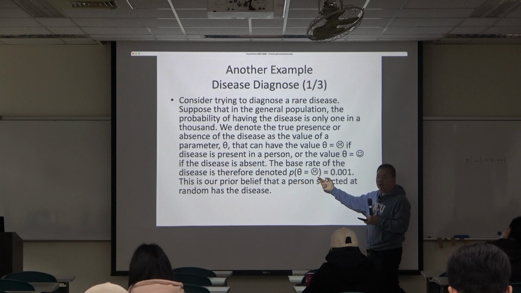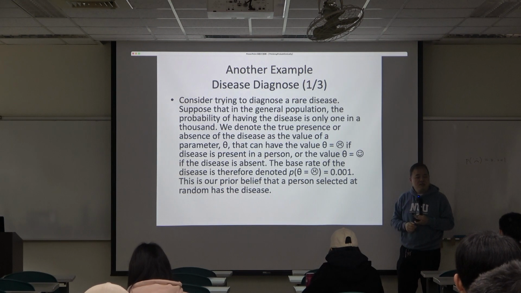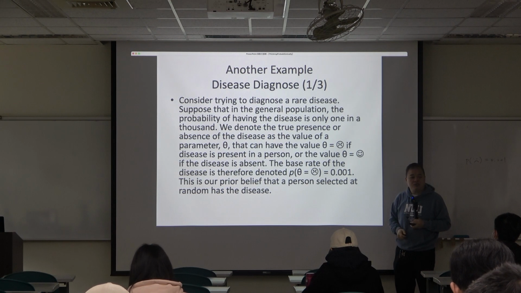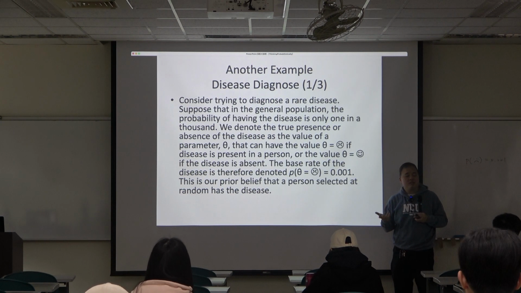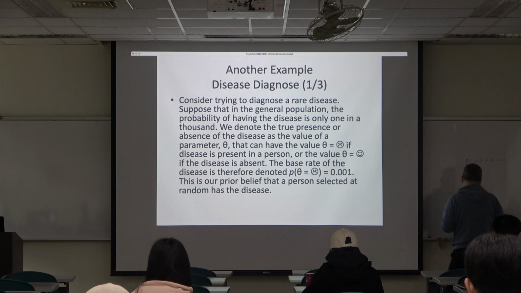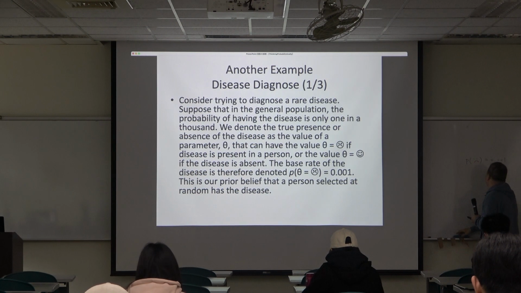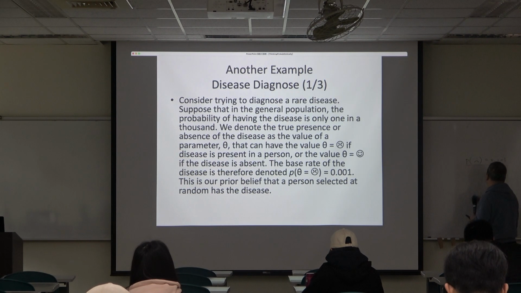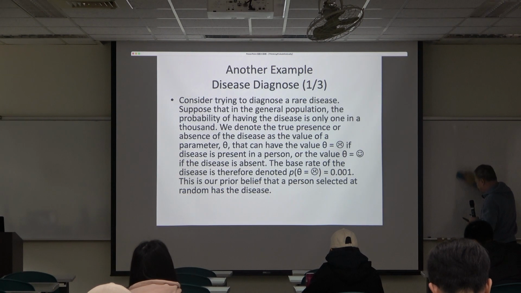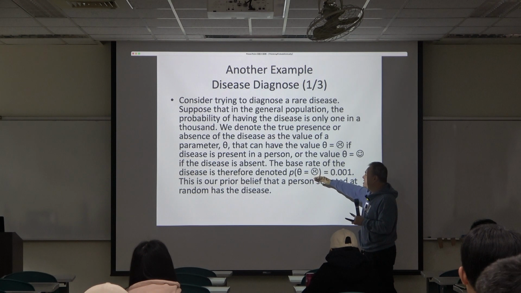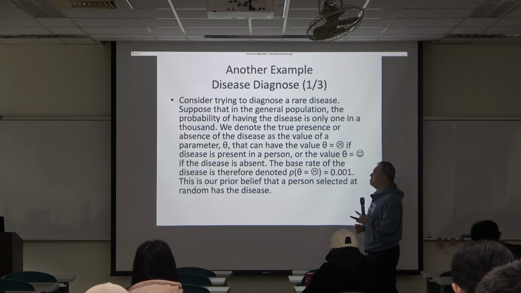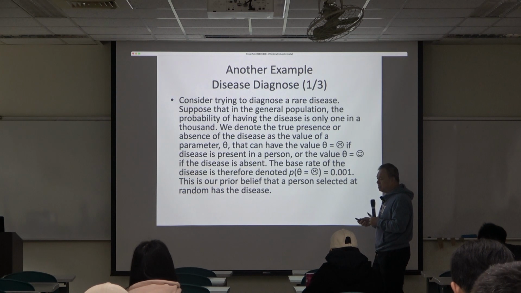Of course, this is a simple case because this is really not a distribution. We are given this prior value already, because this is more like a discrete case, so it's relatively easy. But you can imagine this is a prior, the probability distribution of the parameter value is given.